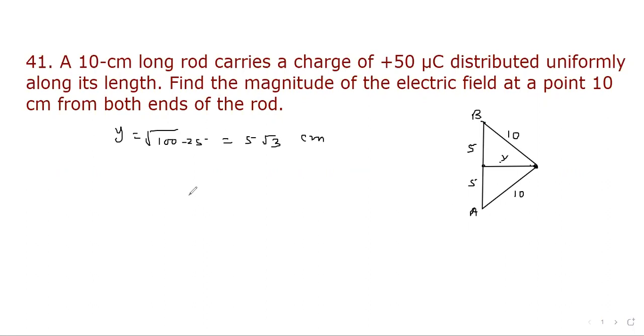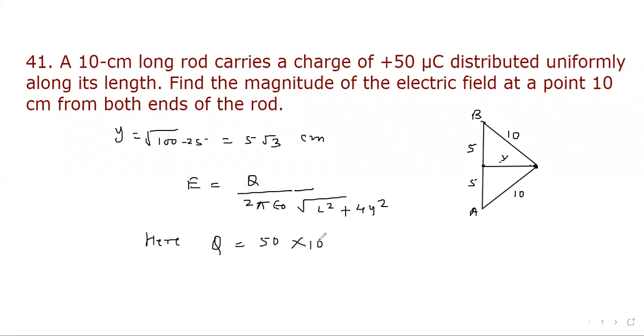The formula is very simple. E equal to Q divided by 2 pi epsilon naught, the root of L square plus 4y square. Here Q equal to 50 into 10 to the power minus 6 coulomb, L equal to 10 centimeter, and y is this distance, which is 5 root 3 centimeter.